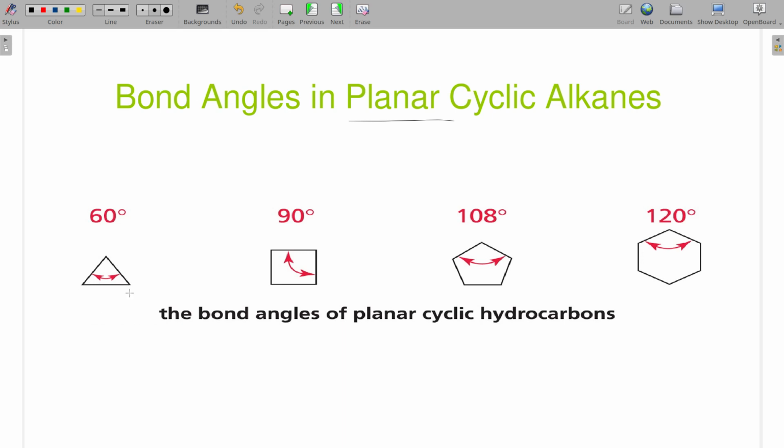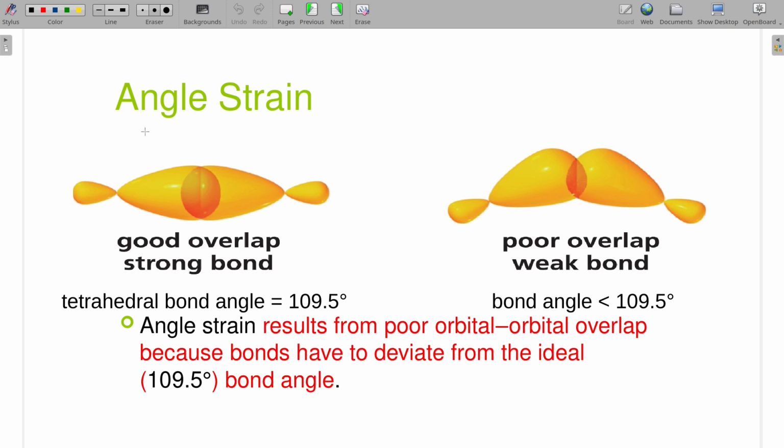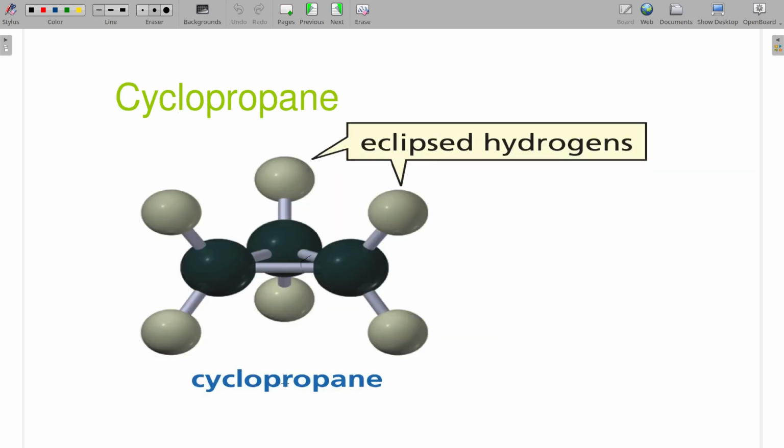So, cyclopropane is definitely perfectly symmetric, pretty looking. These hydrogens are fully eclipsed, so there's a tremendous amount of bond strain. This bond angle is definitely 60, even though it'd rather be 109. So we have a lot of angle strain. It makes a molecule like cyclopropane relatively unstable.